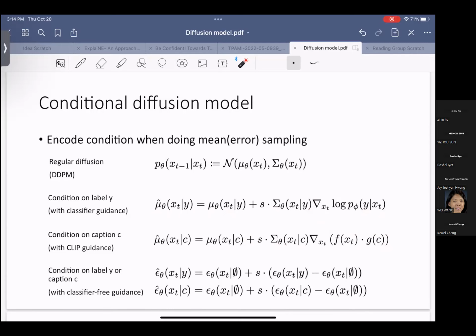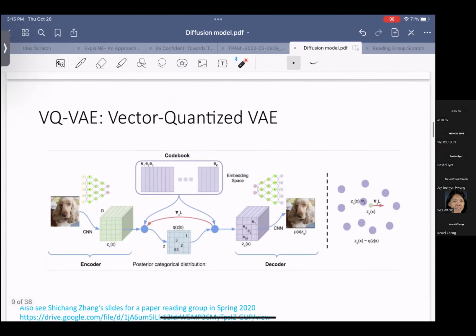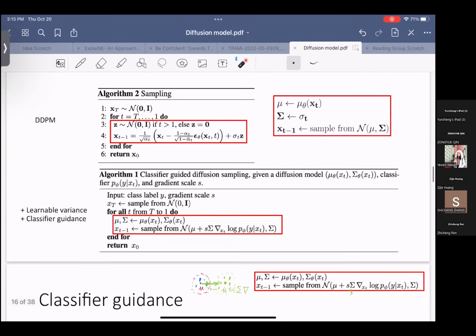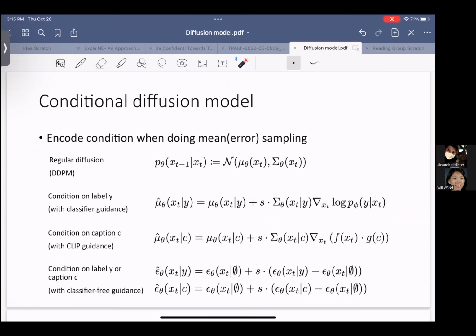So instead of training a separate classifier to classify the class, you take the CLIP model. Remember, what the CLIP model gives you is two encoders, one for the text, one for the image. You can just take a pre-trained CLIP model for granted and use these two encoders. So in the GLIDE paper, they take the pre-trained CLIP model, take the image encoder and name it f, and take the caption encoder and name it g.